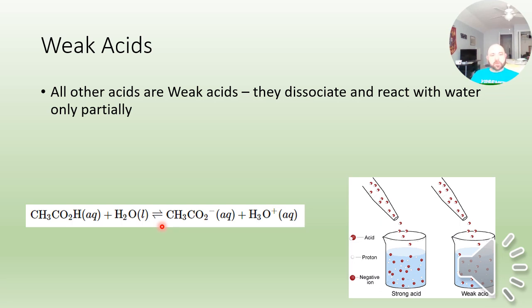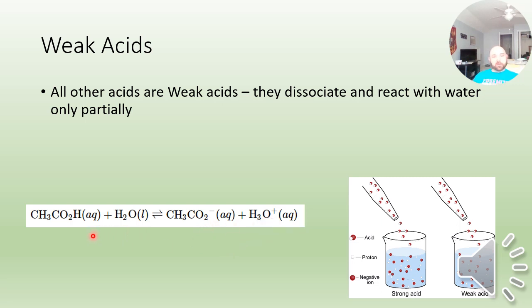And the reason there's a double arrow is because this is a dynamic process. Both the forward and the reverse process are happening at the same time. And in the case of acetic acid, the reverse process actually happens faster than the forward process. So at any one time, only about 1% of these molecules have been changed into CH3CO2 minus and H3O plus.